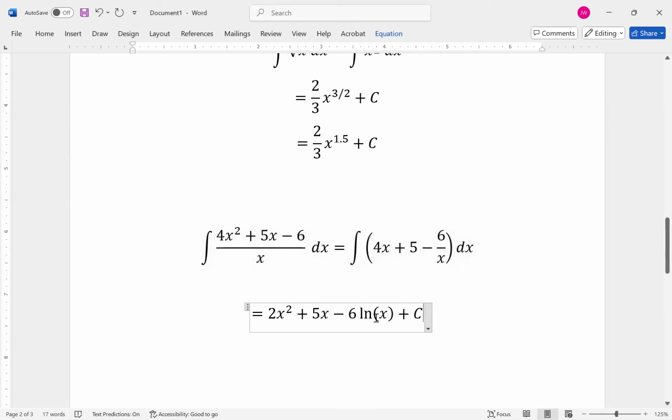Again, I'm putting things in parentheses. You can also put things in absolute values. Some people are really particular about that. When you write things in Moodle, write them in parentheses. So there we go. That's what we get: 2x squared plus 5x minus 6 times natural log of x, and always tack on our plus c at the end.